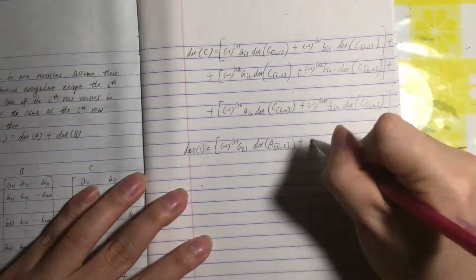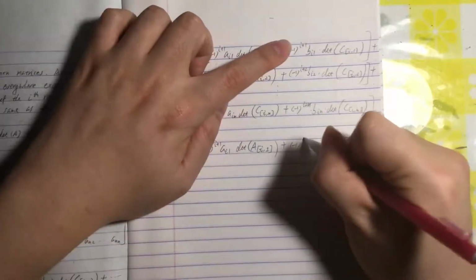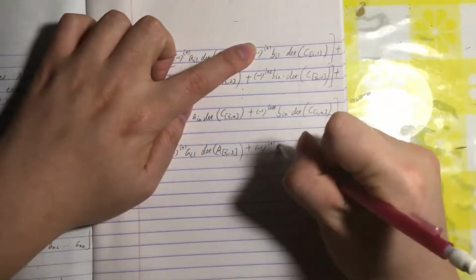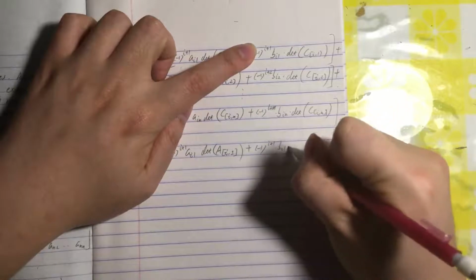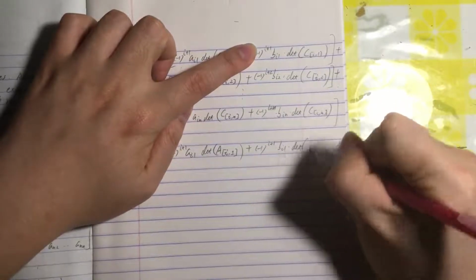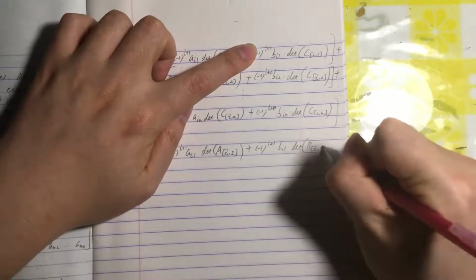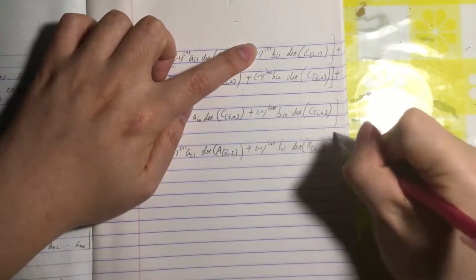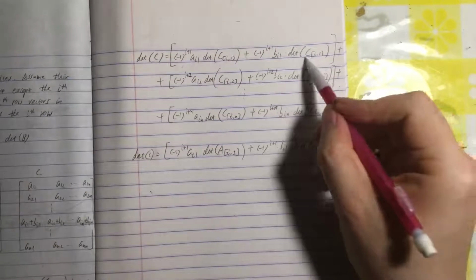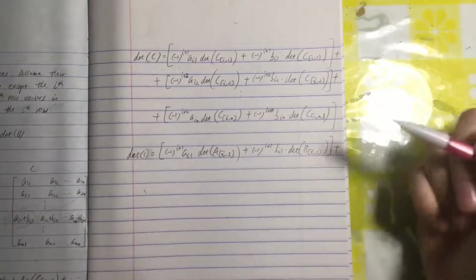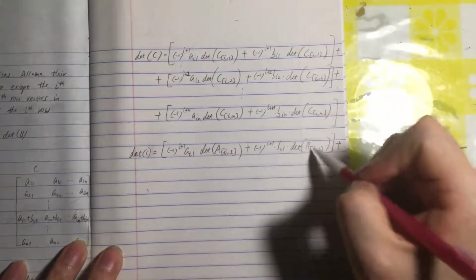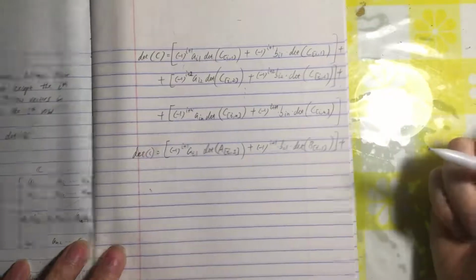Plus (-1)^(i+1) times b_i1 times the determinant of the submatrix B_(i,1), because in matrix B and C, the only difference is the ith row. If I cross out their ith row, the submatrix will be exactly the same.